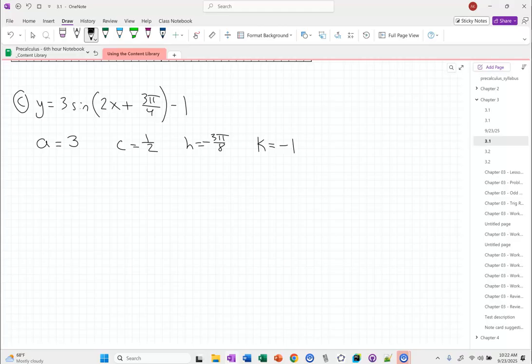So, the general form. Is this being negative? Is it in the formula? Yeah, it's minus AC. So the H is always the opposite side of what it looks like there. Right now, what's it tell me? A equals 3, C equals 1, H equals 3 pi over 8, negative.